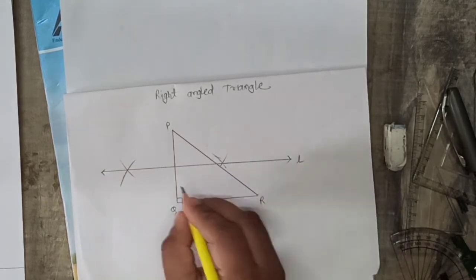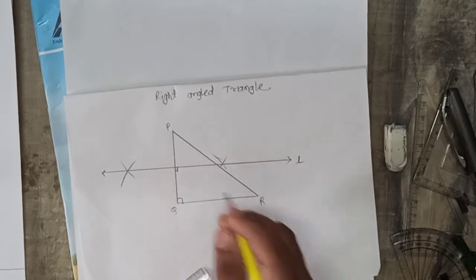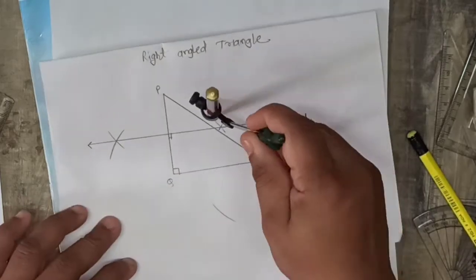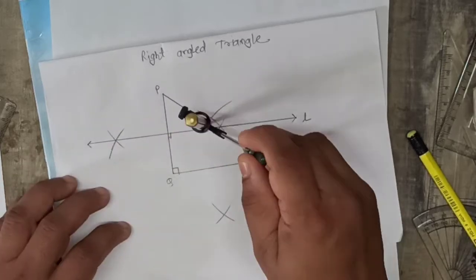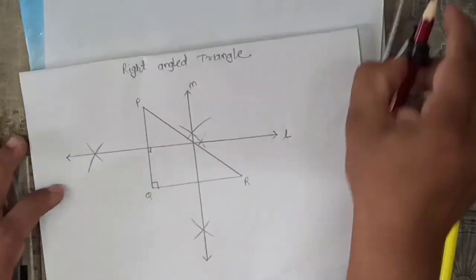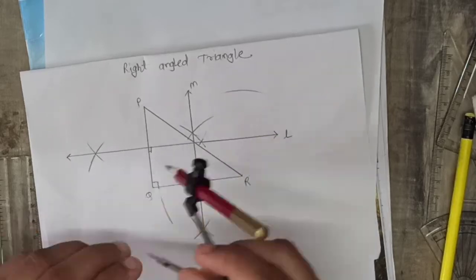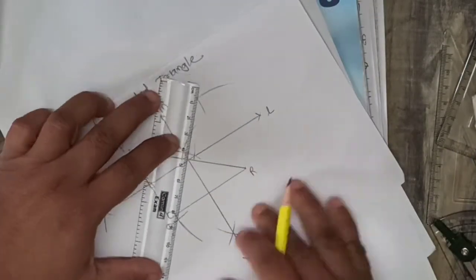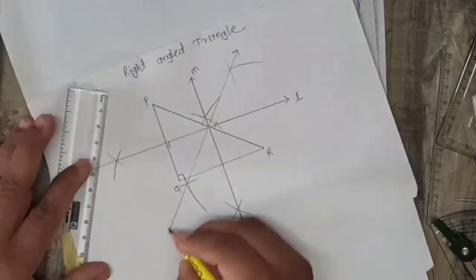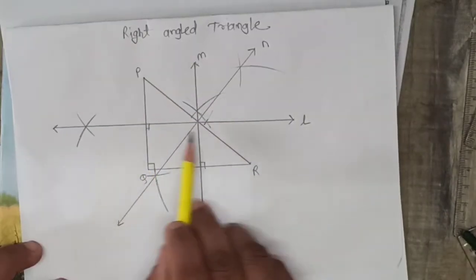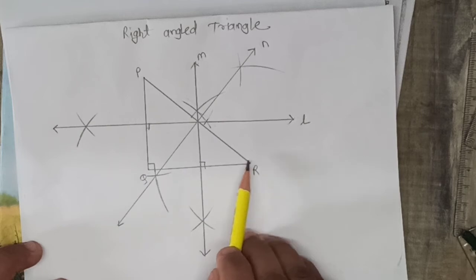Line L is the perpendicular bisector of segment PQ. As you can see, I have drawn the perpendicular bisectors of this right angle triangle.